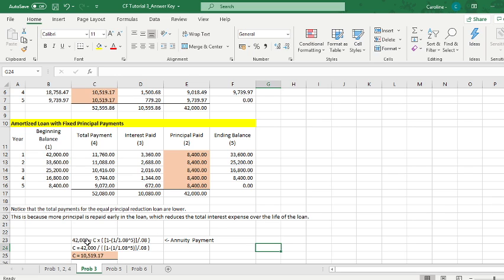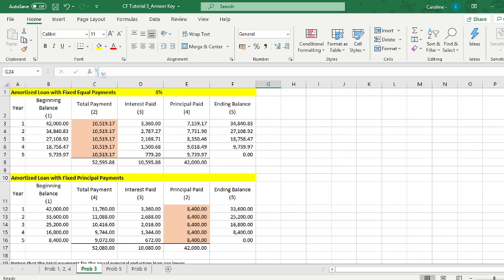Assume that the 42,000 is the present value, and then you need to find the C. You move the C here and the 42,000 there, and then you divide 42,000 by this PVIFA, or present value interest factor, and you find that the C is 10,519.17. Okay, this is the fixed amount of payment that you have to pay each year.